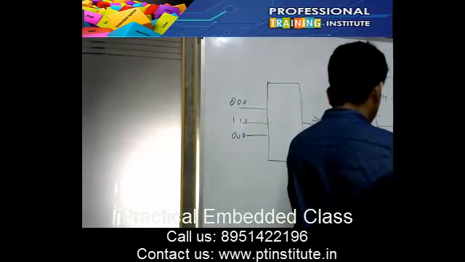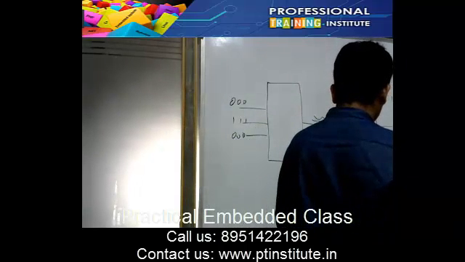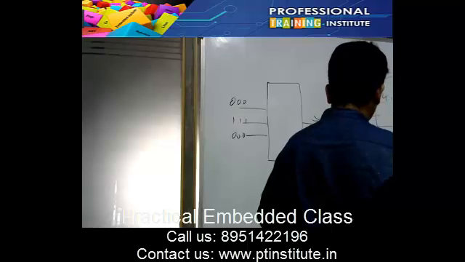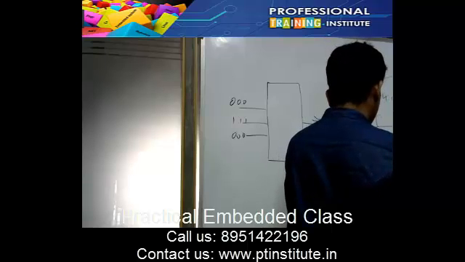If we want to select this line, we have to give selection line input 0, 0, then it will select this line. If we want to select the next one, it will be 0, 1.